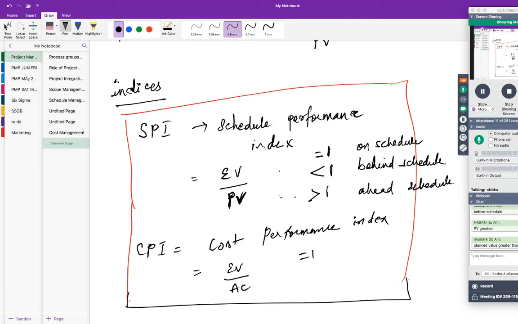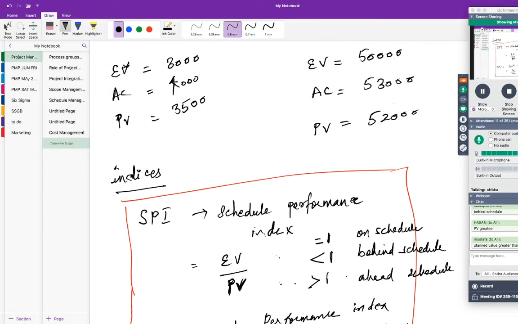So when the value of the work performed and the money actually spent for the work performed are equal, then you get equal to 1, which is on budget. When it is less than 1, not good, which means overrun, over the budget, correct? And when it is greater than 1, what does it mean? Under the budget, good. Under budget or underrun, you can call it.